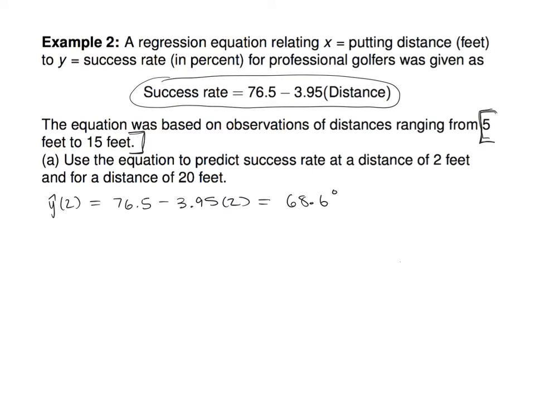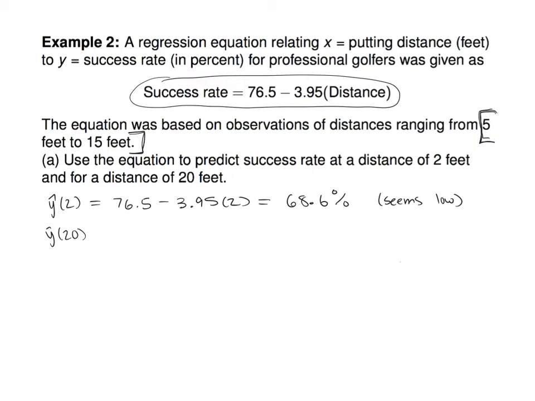Remember, this already is a percent, so just put a percent sign on it. If you're 2 feet away and you're a professional golfer, you're just making 68% of your putts, I mean, I might not even suck that bad at golf. So my thing is that this seems like a low success rate for a really close distance.